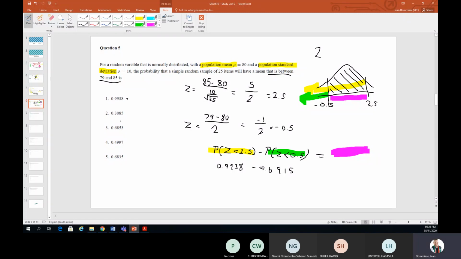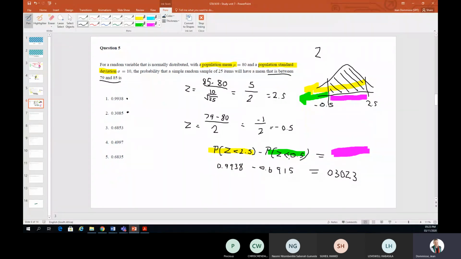If you looked at the negative table for Z minus 0.5, that is what you would have gotten. So if I subtract those two, 0.9938 minus 0.6915, I get the answer of 0.3023.